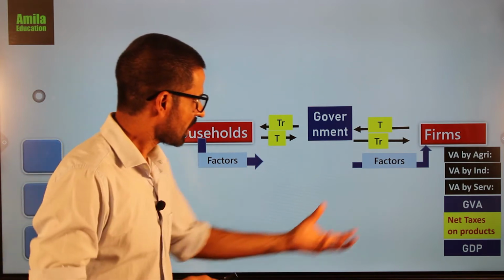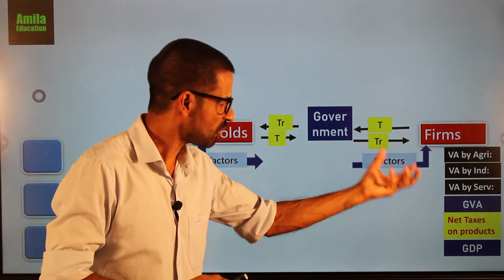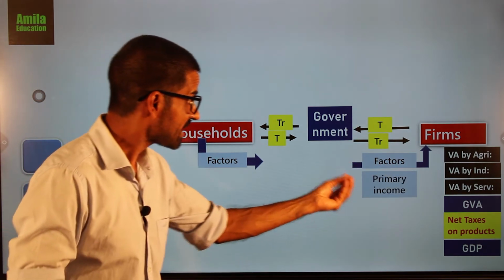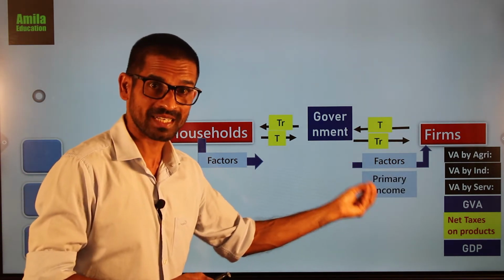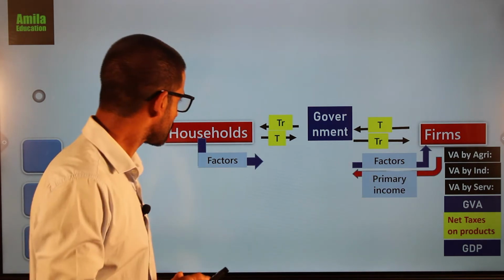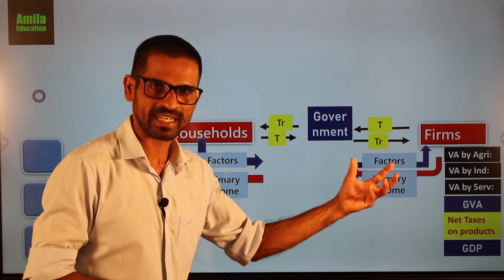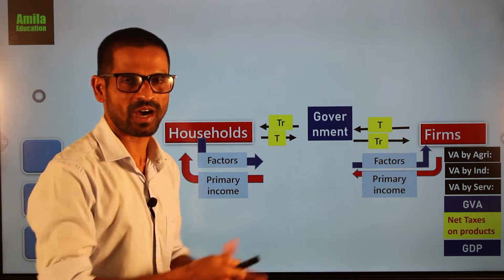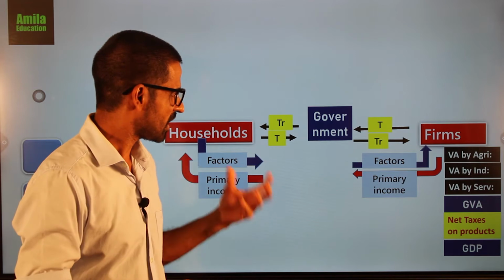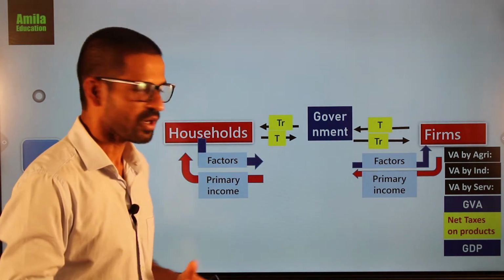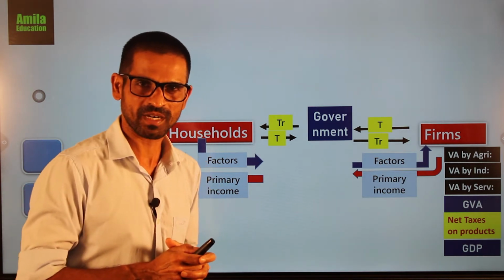Right? Then out of this value added, the firms have to pay factor income, or you call it primary income, to the households. This entire value added has to be distributed to the households in the form of primary income or factor income. What is the payment for labor?